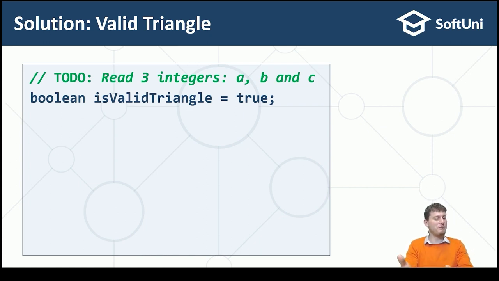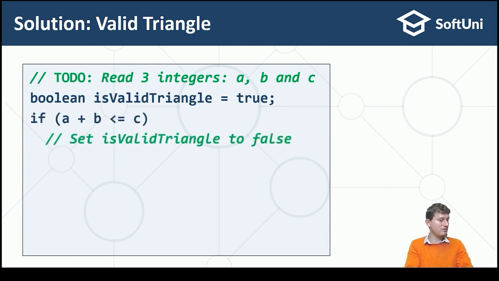I have a Boolean variable which initially starts from true. We consider a triangle is valid until proven the opposite.